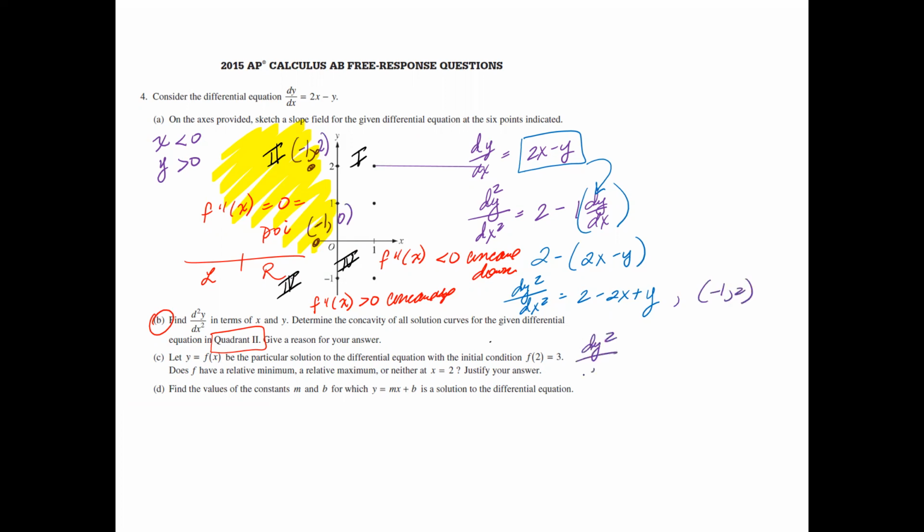So d squared y over dx squared equals 2 minus 2x plus y. 2 times -1 is going to give me a positive 2, plus y, or plus 2, since y is 2, which is going to give me a 6. So if I look at this right here, that is greater than 0. 6 is greater than 0.